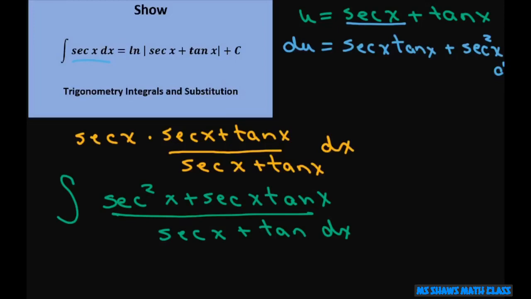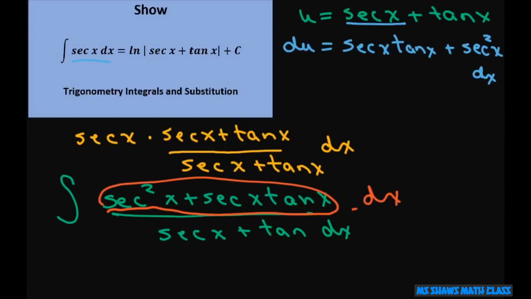I'm running out of room here, so I'll just put the dx down here. So now we can substitute, and so the numerator equals du, and the denominator is u.